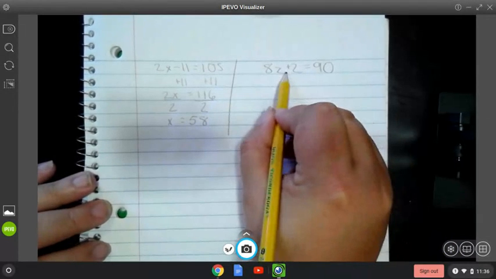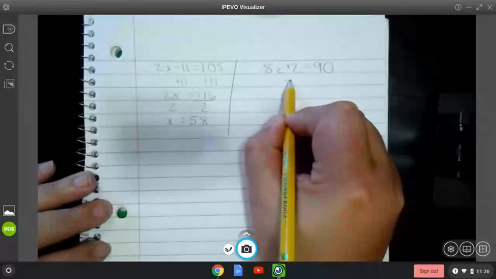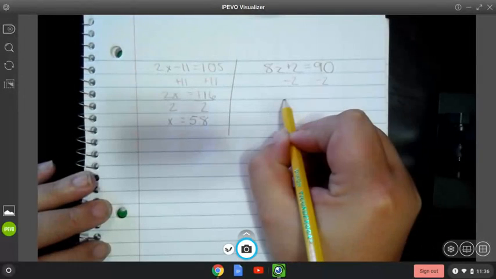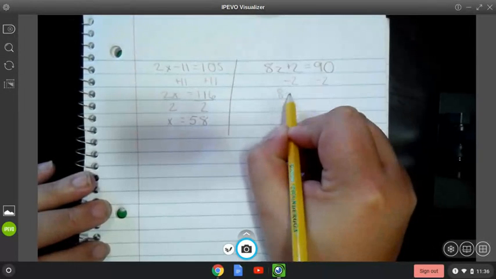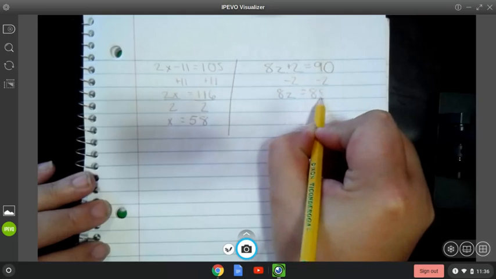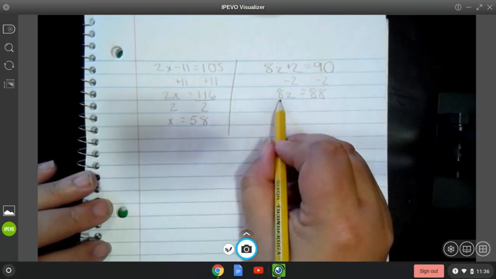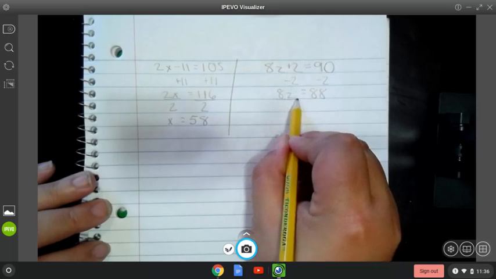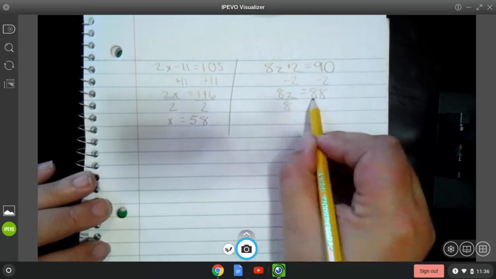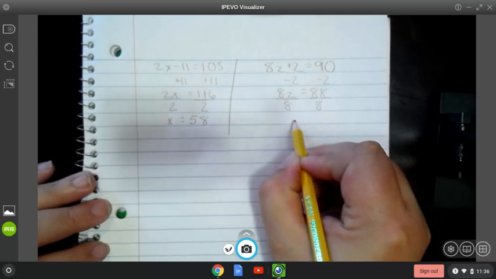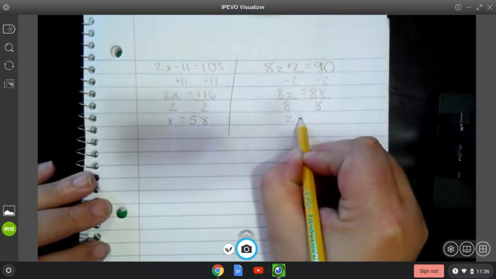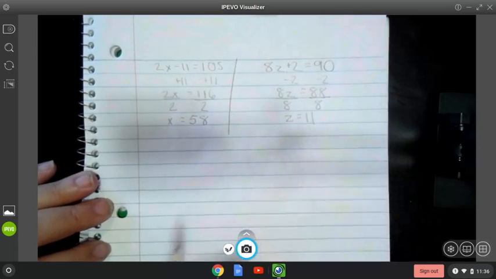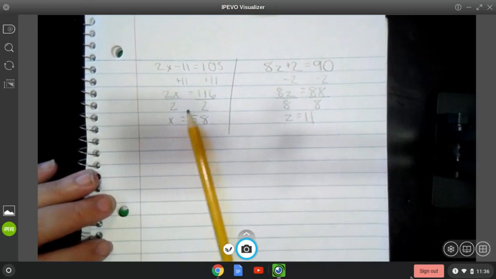We have a plus 2 here, so to get rid of that, we're going to subtract 2 from both sides. That'll give us 8z equals 88. 8z is really 8 times z, so the opposite of multiplication is division. So we divide by 8, and z equals 11. z equals 11.